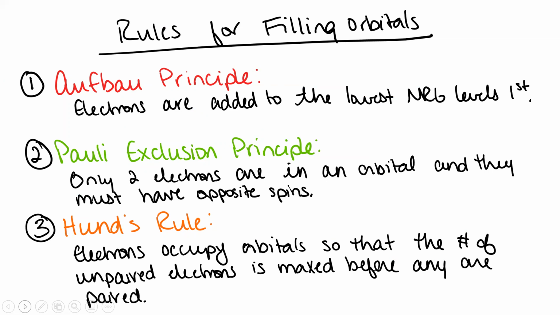Now, second is something called the Pauli exclusion principle, where it says that only 2 electrons are in an orbital and they must have opposite spins. What does this mean? Well, an electron can have a spin of plus or minus 1/2. Seems weird, but they do have spins like that, and this means that this rule applies.